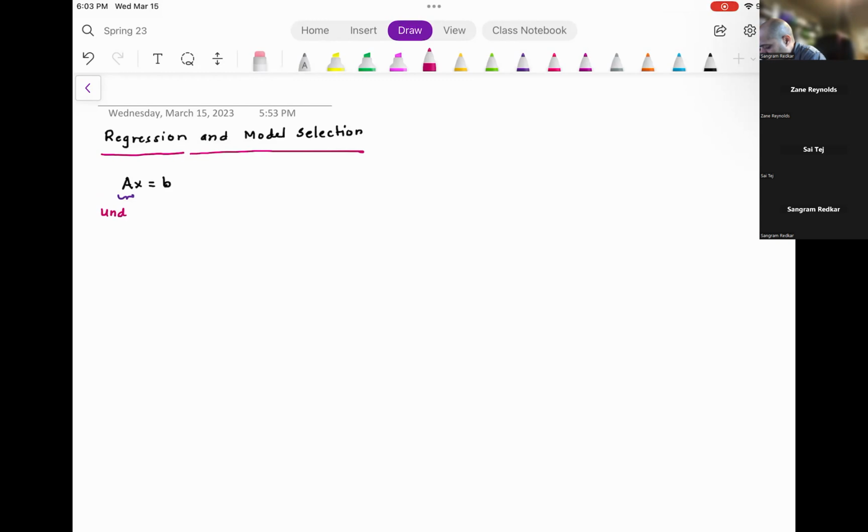So you can have an underdetermined or overdetermined system. And to solve these types of problems, we have to use an optimization technique.